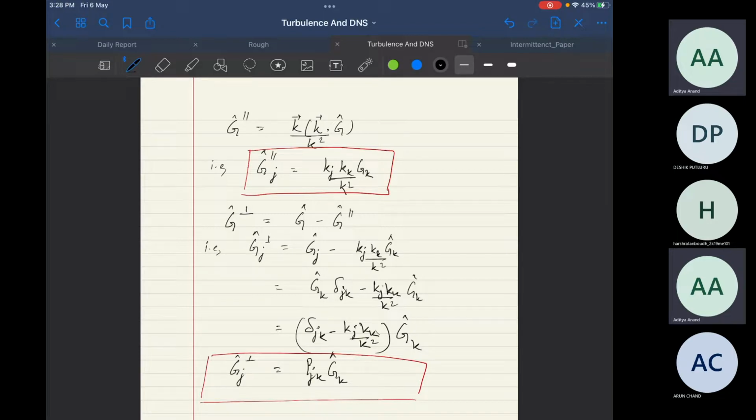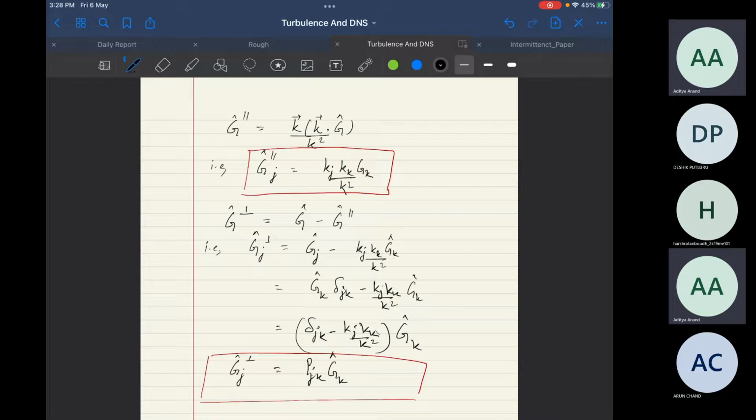Now we'll look at the perpendicular part. Likewise, if you look at the jth component for the perpendicular part, we'll have the jth component of g minus the jth component of the parallel part. Now, if you want to take gk common, I'll write this gj as gk times delta jk.